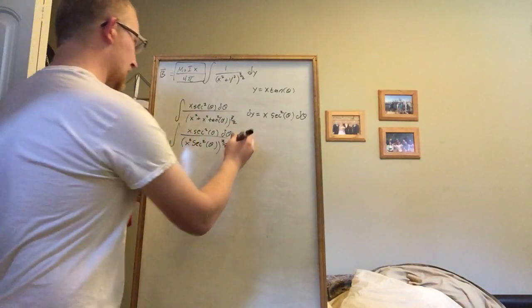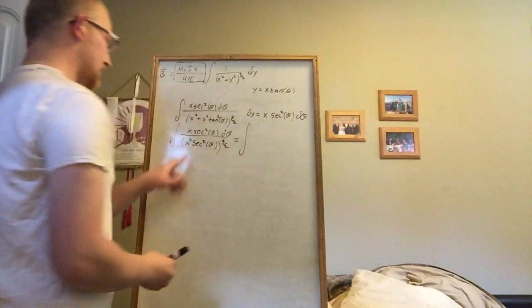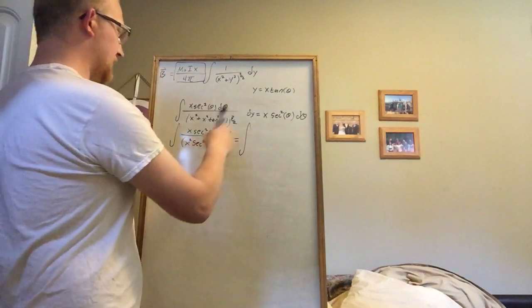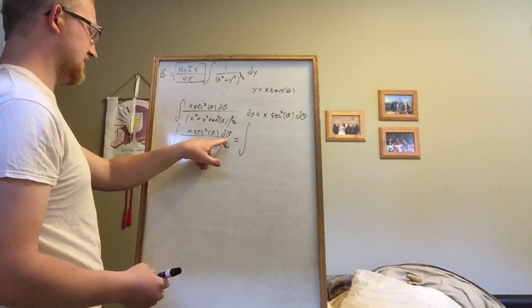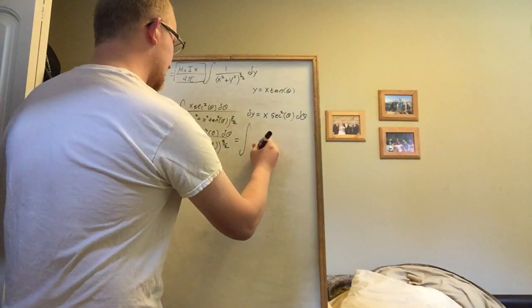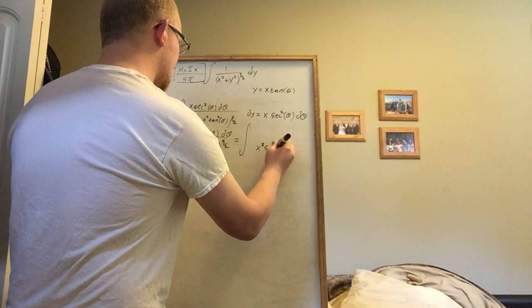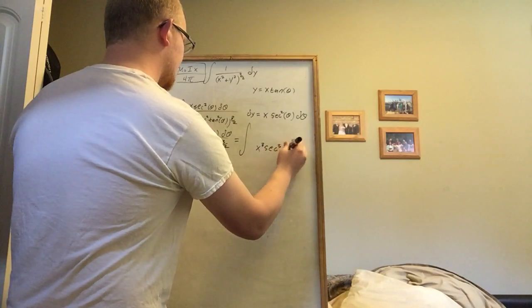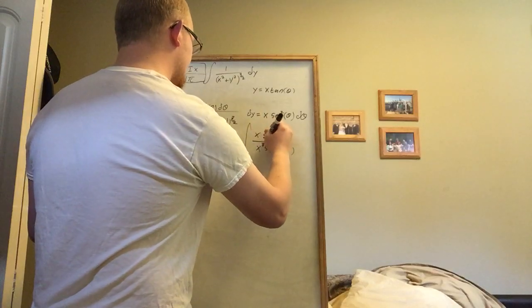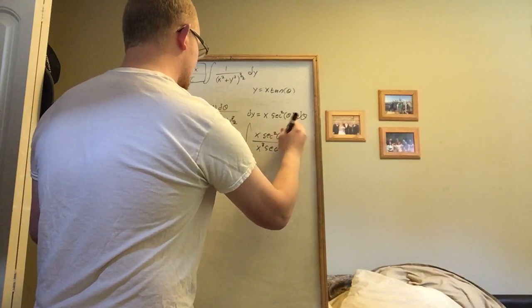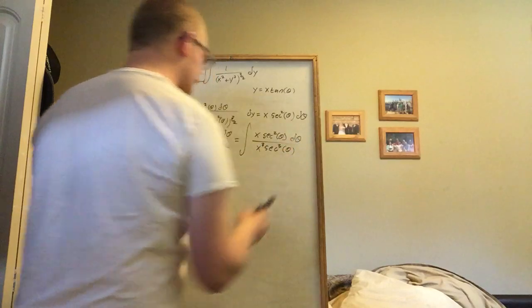Alright, so now we're going to go ahead and cube and then square root this term. 2 times 3 is 6 divided by 2 is 3. So what we end up with is x to the third secant cubed theta, and on top of it we have x secant squared theta d theta.